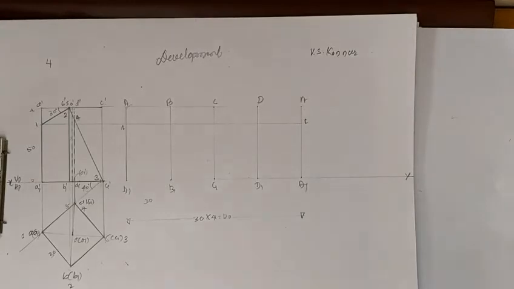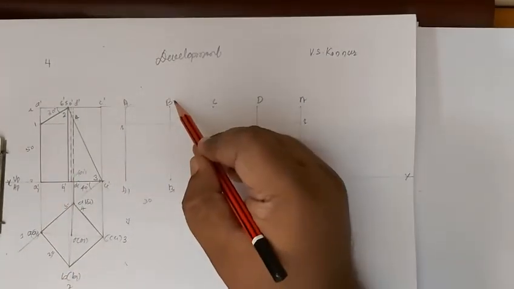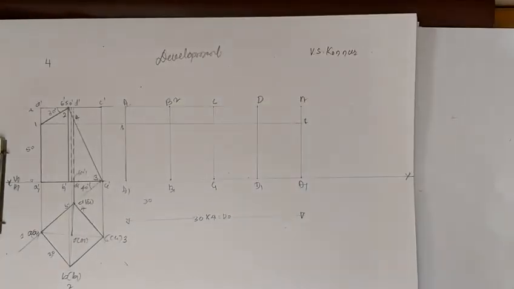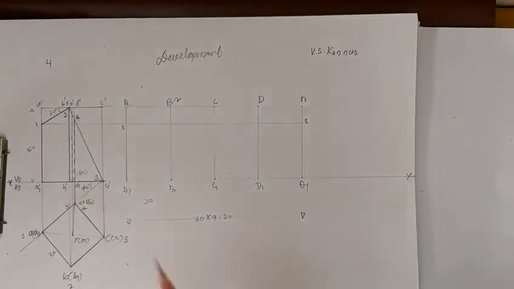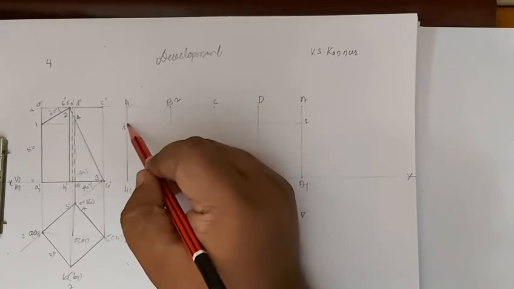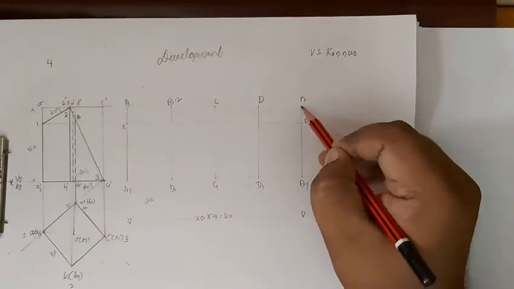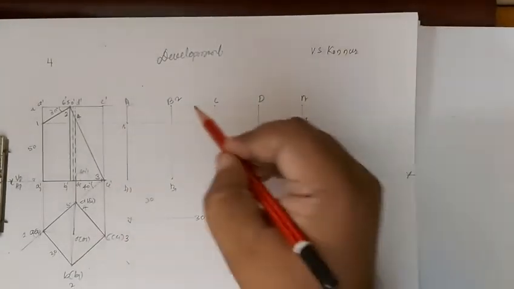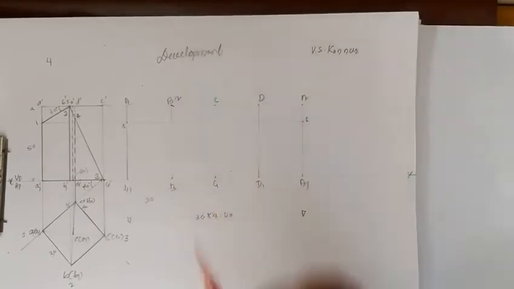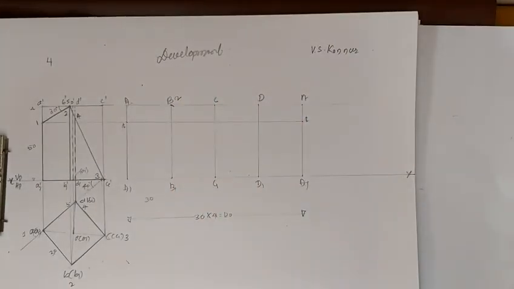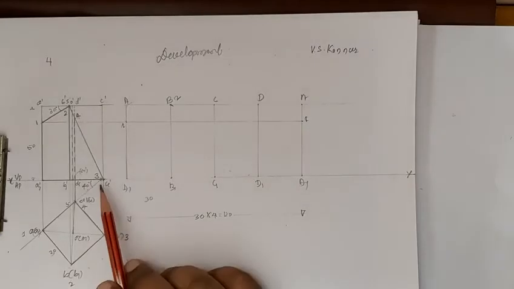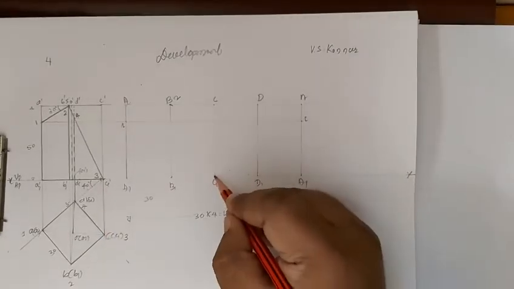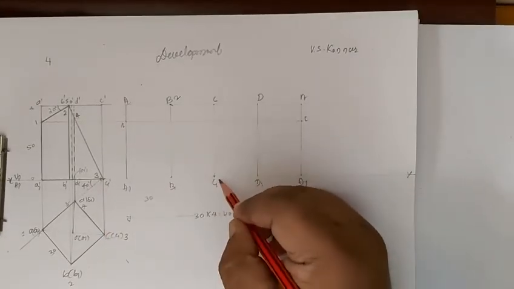The second point is on BB1, so this is the second point, directly we get it at the top face. Next, the third point is on CC1. Here we will get the third point on CC1.